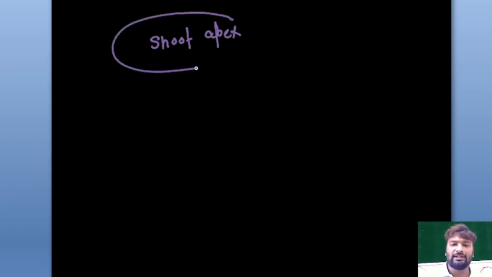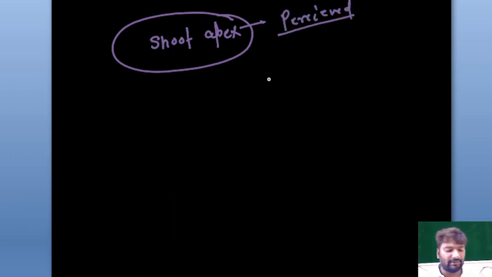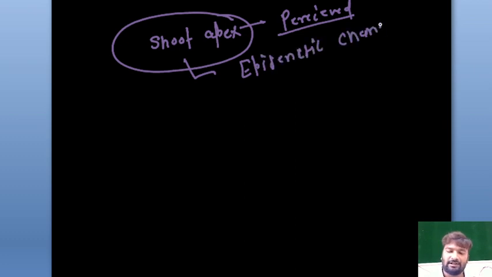So these vernalization signals are perceived by the shoot apex. Hence, epigenetic changes take place.